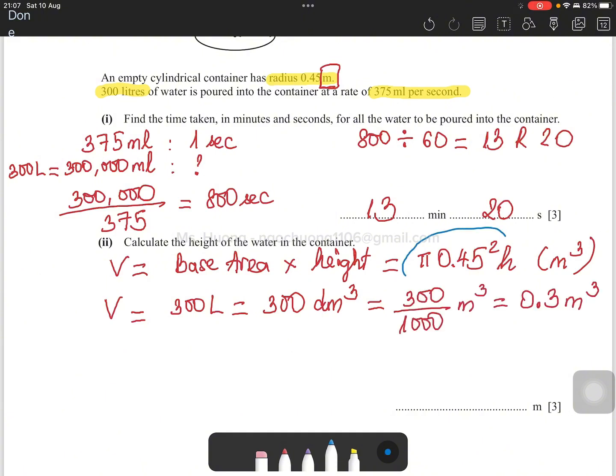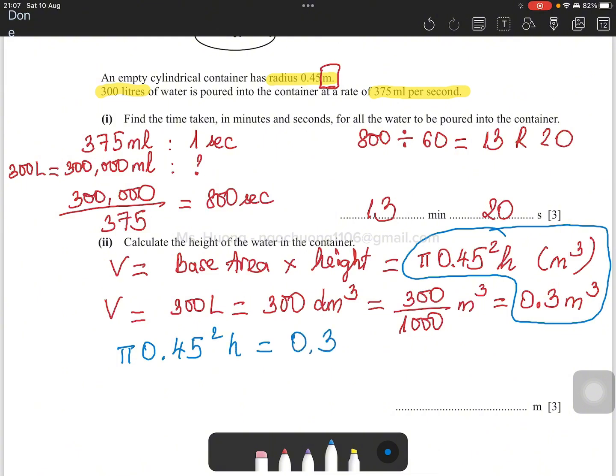So from these two, we can be sure that pi 0.45 squared height is equal to 0.3. So to find the value of the height, we divide both sides by pi 0.45 squared. And the answer is 0.472 meters.